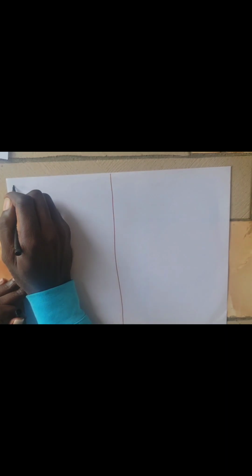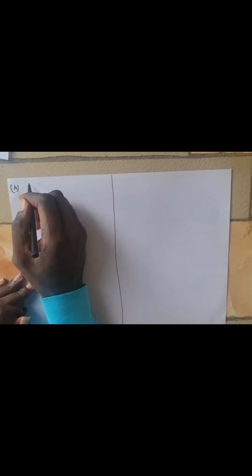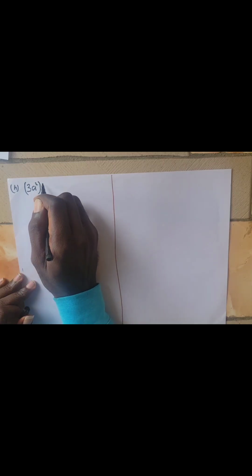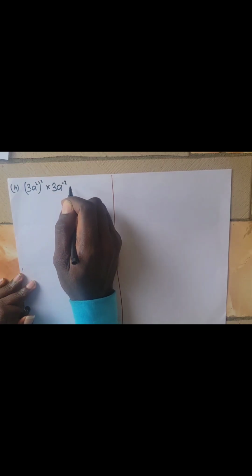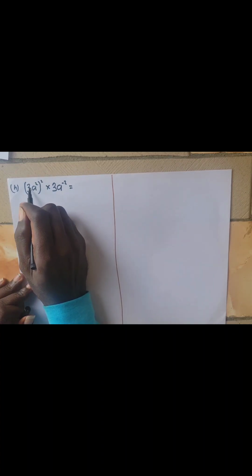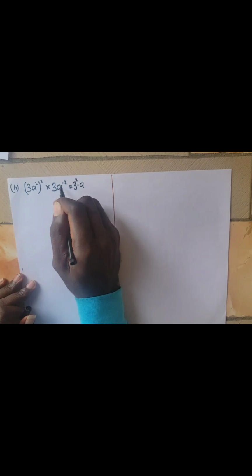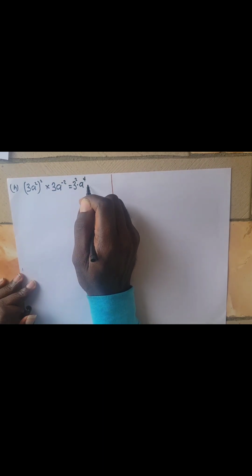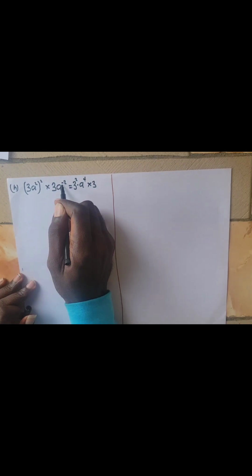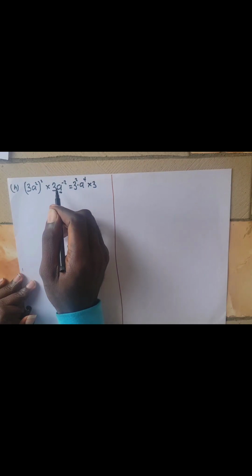Next problem, the next question is number H. 3a squared all to the power 2 times 3a raised to the power minus 2. This is equal to, these two affect both 3 and a. So this is 3 squared times a, 2 times 2, 4 times 3. This minus 2 is just for a, because there is no bracket.